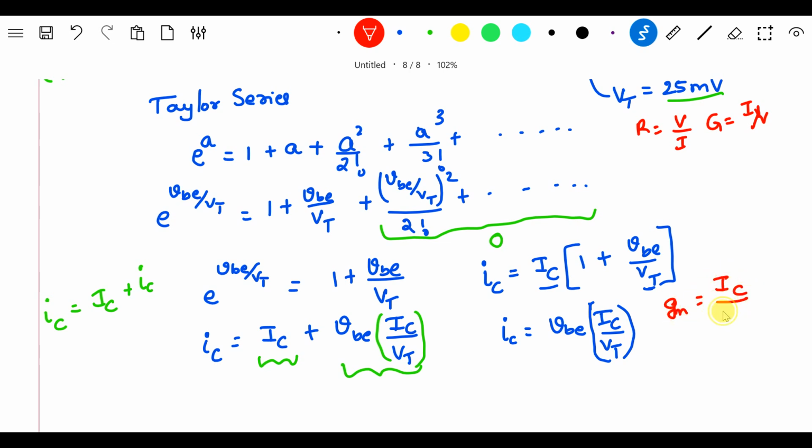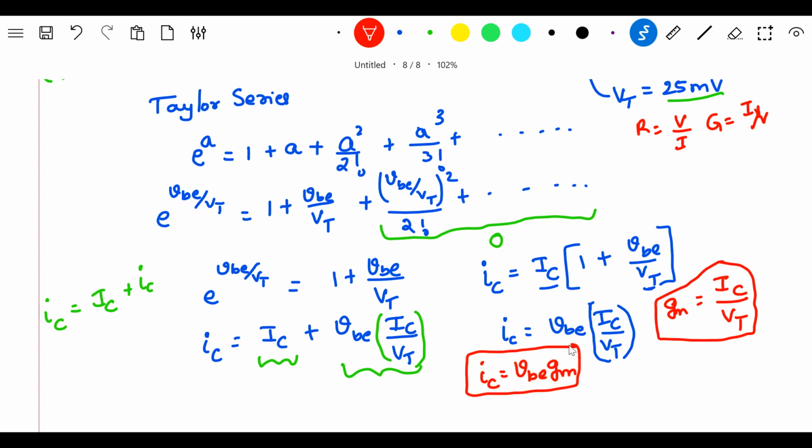This is the formula for the conductance in terms of BJT. Therefore, the AC collector current small IC equals VBE into GM. Very, very important term which I am telling you.